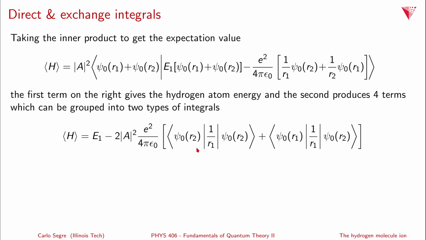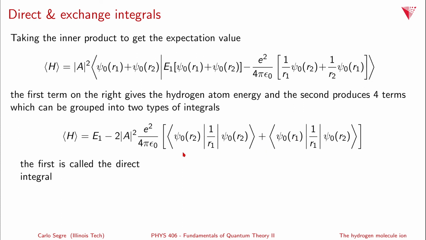And so we just say those integrals are going to be identical because the electron doesn't really care whether it's talking about R1 and R2 because there's a symmetry there. And so you get 2 times that integral. The second integral is when you have psi 0 of R1, 1 over R1, and then psi 0 of R2 on the other side. So there's 2 of those also. Again, you can swap the R1s and R2s and get exactly those 2.